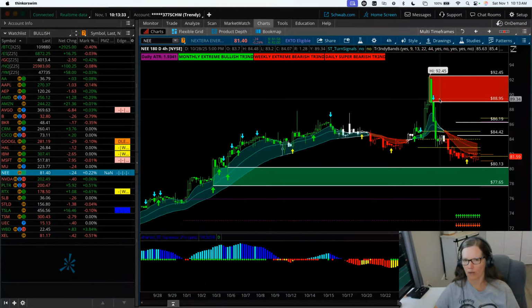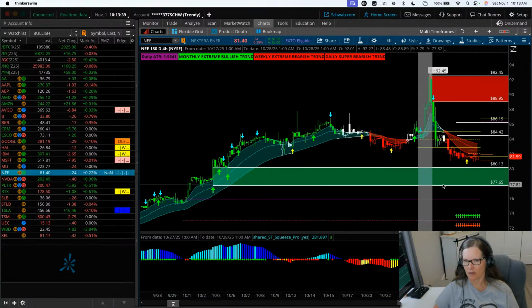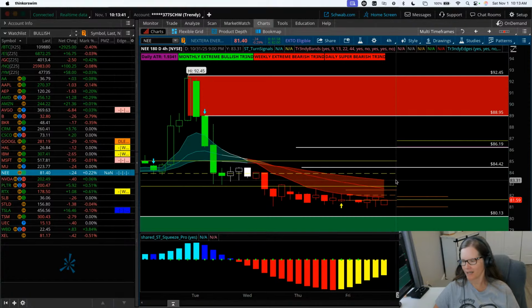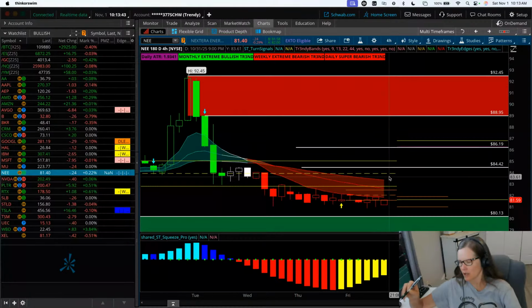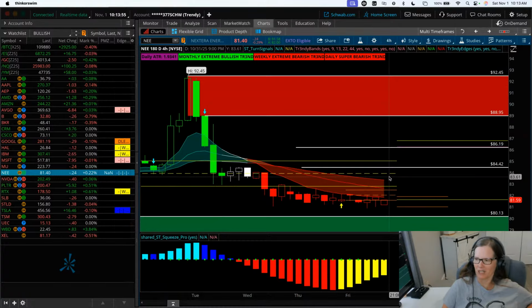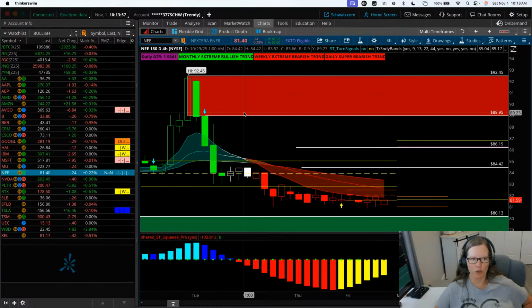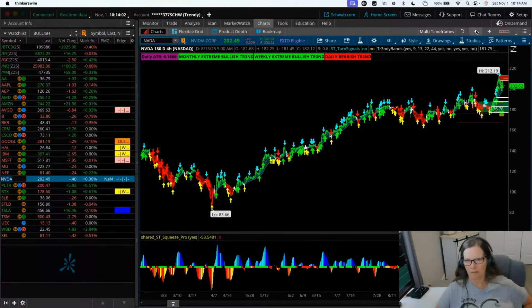Now, with NEE, I will wait for confirmation in this buy zone before taking the trade. Okay. Because XLU is showing some weakness here. So NEE, if it makes my focus list, I will definitely be waiting for confirmation in the buy zone before taking the trade.